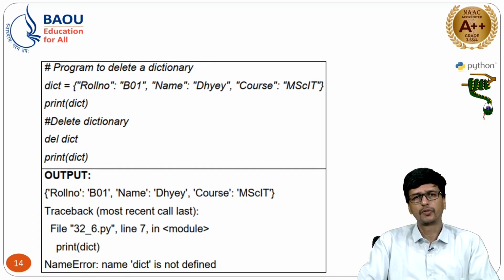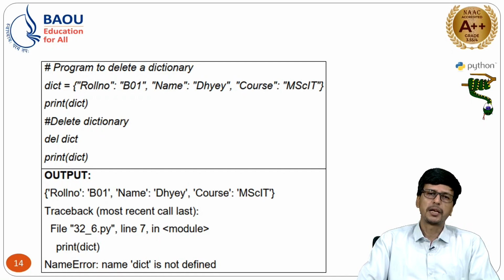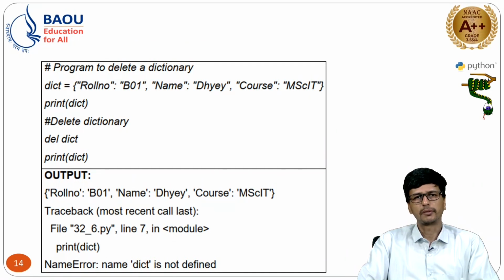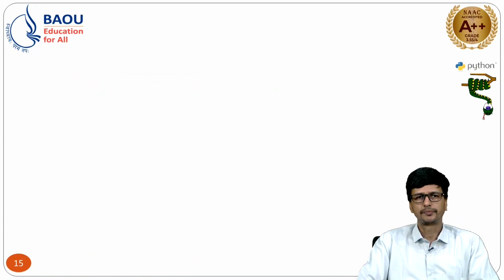But here, suppose you want to delete the whole dictionary structure, in that case you use del and then the dictionary name. Then if you try to print that dictionary that you have already deleted, the compiler will give you an error message because it is not available anymore, it does not exist in the data structure.